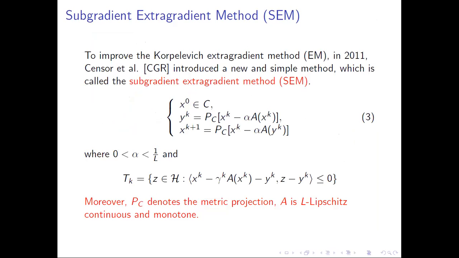To improve the previous method, in 2011, Censor introduced a new simple method called the subgradient extragradient method. It is also a two-step extragradient method: the first projection is on C and the second projection is on a half space, rather than C, denoted by the metric projection.